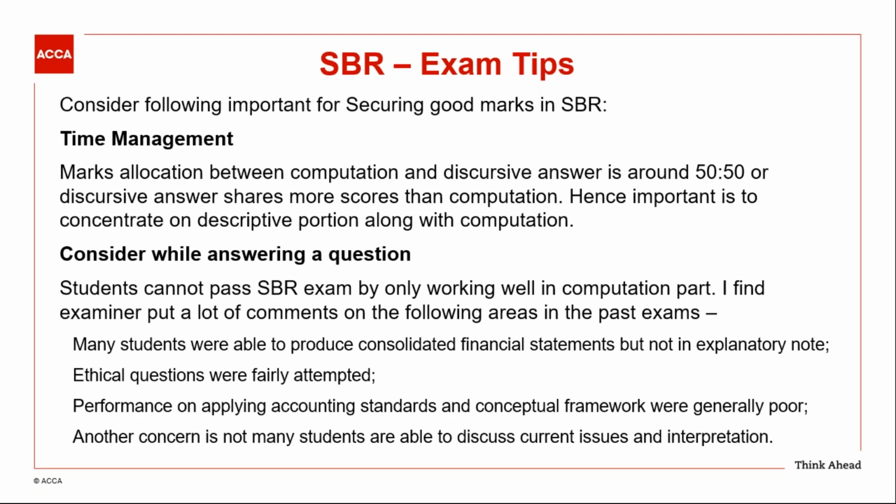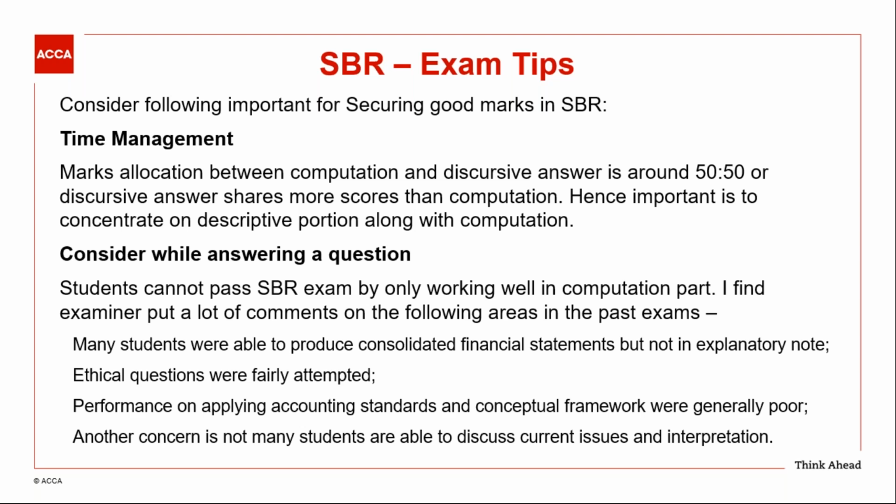For example, if a company has accounted for a lease transaction, which was a finance lease, but the accountant wrongly recorded that lease as an operating lease, what is the impact on the stakeholders?